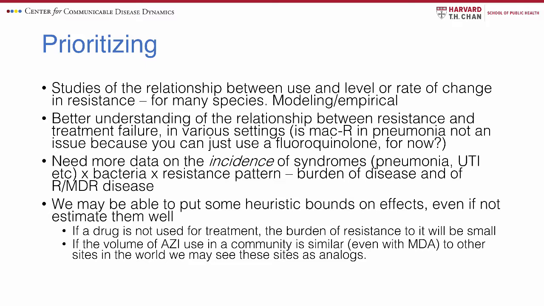It's also an empirical question. We need a better understanding of the relationship between resistance and treatment failure in various settings, and understand why it is that sometimes, even when treated with a particular drug, resistance does not lead to greater treatment failure. We need a lot more data on the incidence of specific syndromes and the etiologic agents that cause those syndromes.